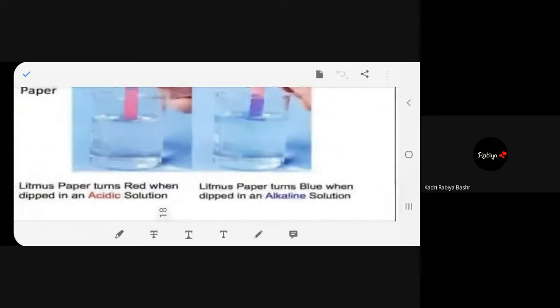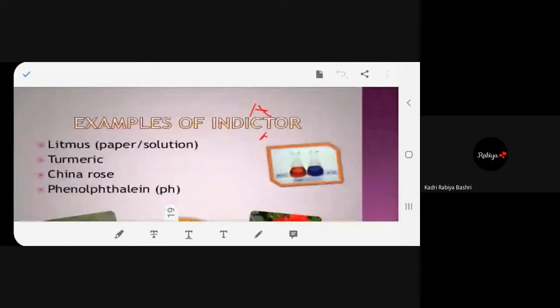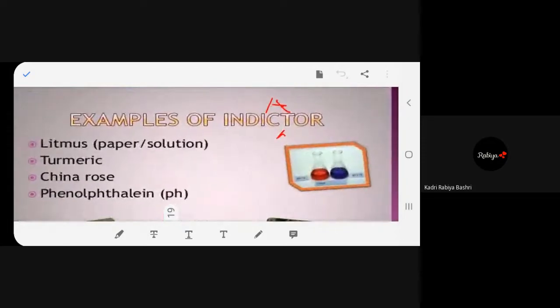This litmus paper turns blue when it is dipped in a basic solution or alkaline solution. Let's do what types of indicators we have. Read better.